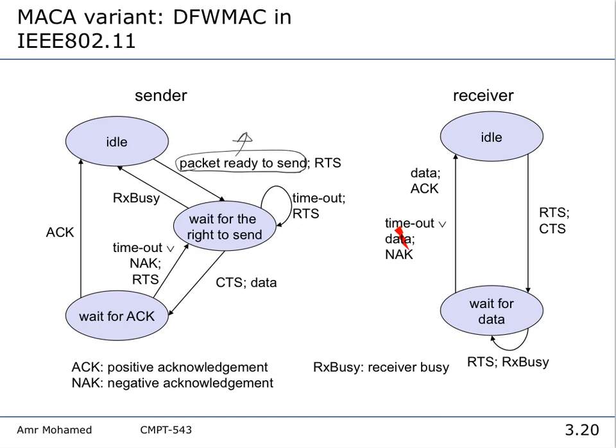So this is an event, and this is an action, and this is a state. So while you are in a particular state, if some event happened, then you can apply a certain action.